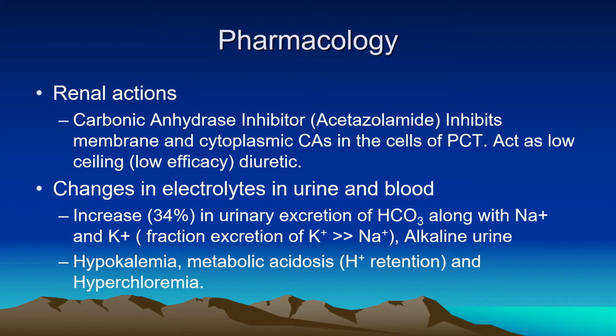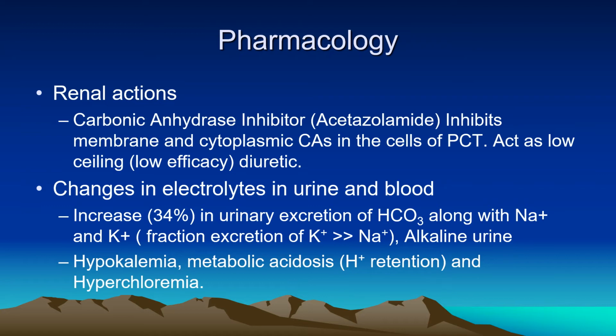Now let us look at the renal actions of the carbonic anhydrase inhibitor acetazolamide. By inhibiting the enzymes, the drug causes electrolyte changes and increases urine formation.